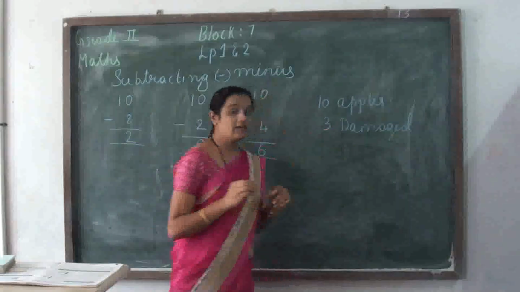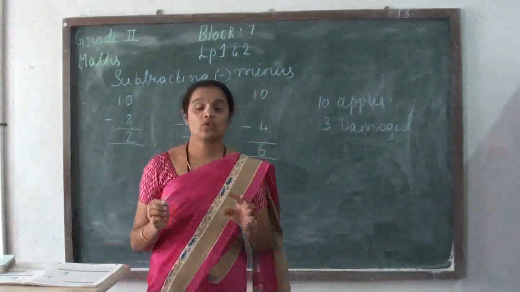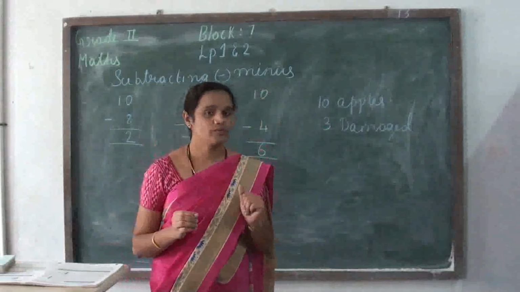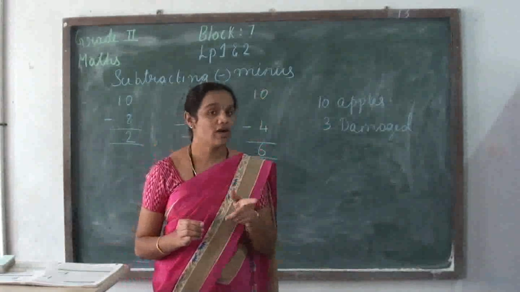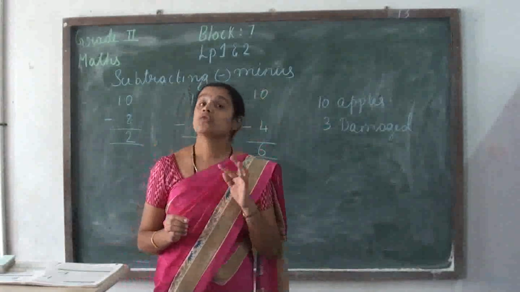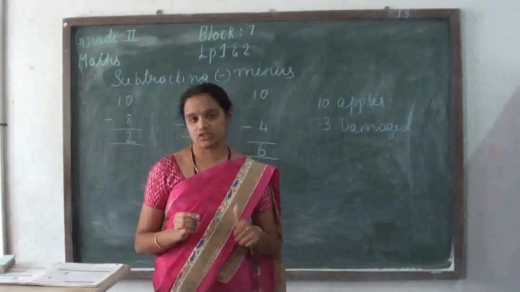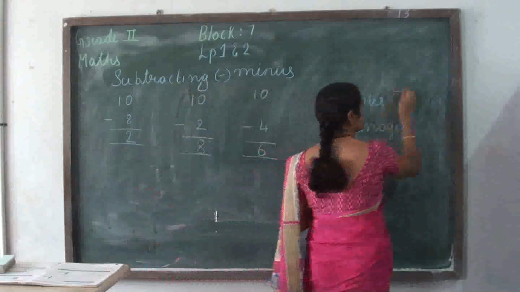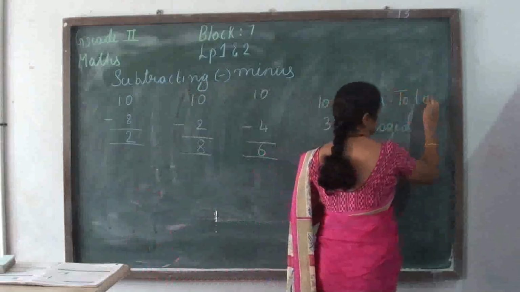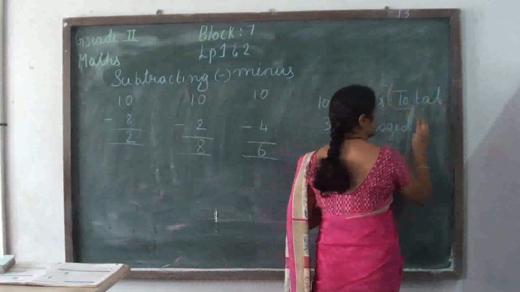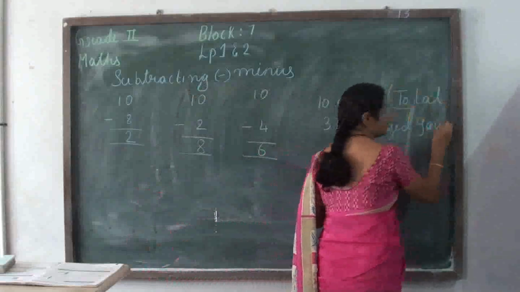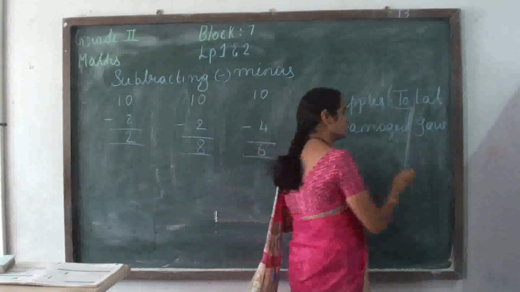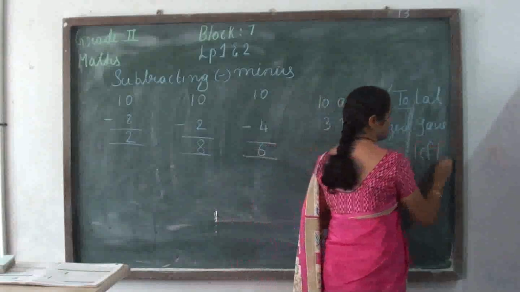So when you return the 3 apples, what was the remaining with you now? You have to do subtraction here also. Total will be there, and how much you gave and how much is left with you.